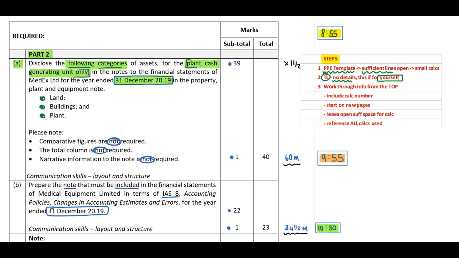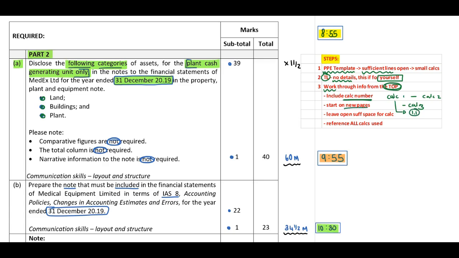Okay, number 3, then you need to work through the information from the top in the scenario. Remember, include calculation numbers. Start on new pages with calculation 1. On the next page, include calculation 2. On the next page, include calculation 3. And then when you include smaller calculations within calculation 1, include calculation 1.1, 1.2, and so forth.